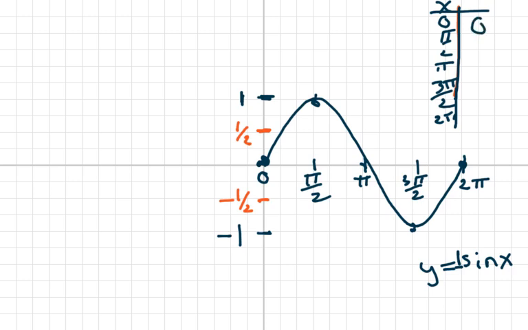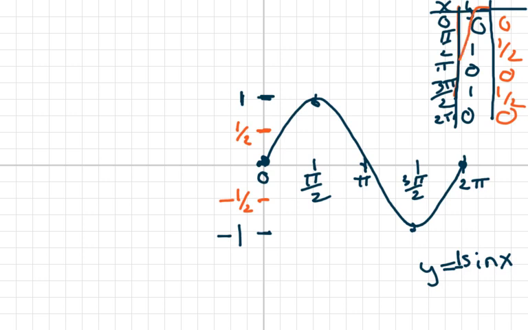And we had 0, 1, 0, -1, 0. So all you're going to do for this next one is multiply everything by 1/2. So you're still going to get 0, 1/2, 0, -1/2, and 0. Just make sure you know this for sine. It's 0, 1, 0, -1, 0. Remember that pattern, and the rest will be easy.